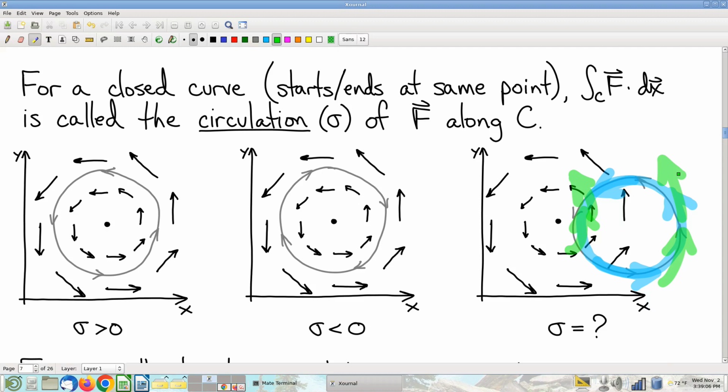It's either going to lean positive or lean negative depending on which one of those is bigger, by how much and over what length, and you just have to evaluate the integral. So the way it's drawn here, it's not clear whether circulation is positive or negative. If I had to guess, I'd guess positive. I feel like the positive part looks bigger. But anyway.